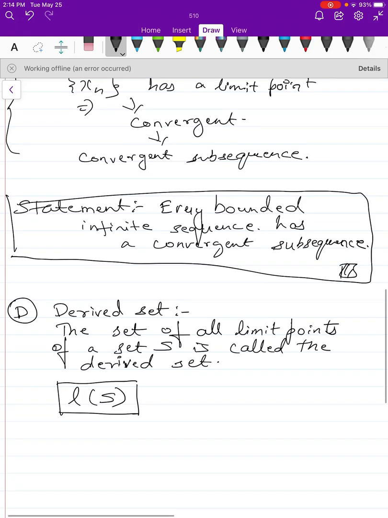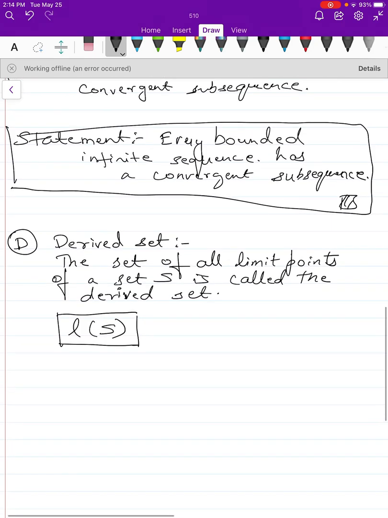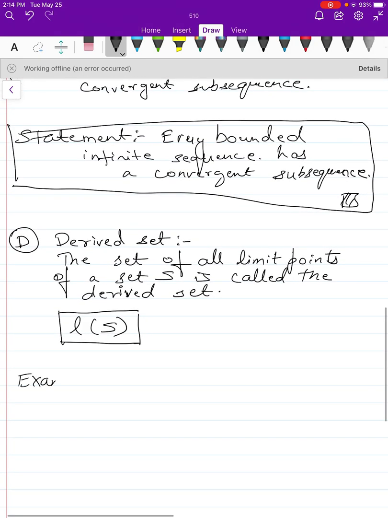First example is R. What about the set R itself, the set of all real numbers? Let us analyze the definition.